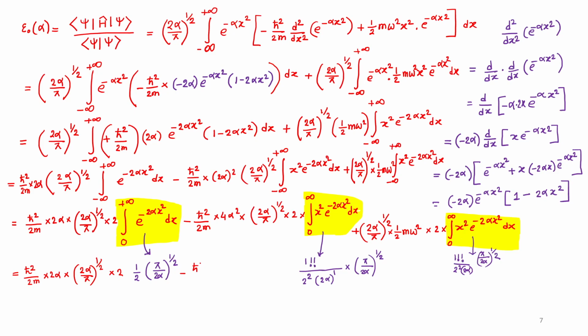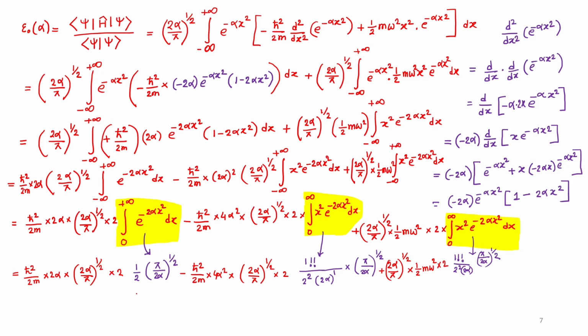Now I am going to minus h cut square by 2m into 4 alpha square into 2 alpha by pi to the power half into this, and I am going to calculate 2 alpha by pi to the power half, half m omega square into 2 into this.